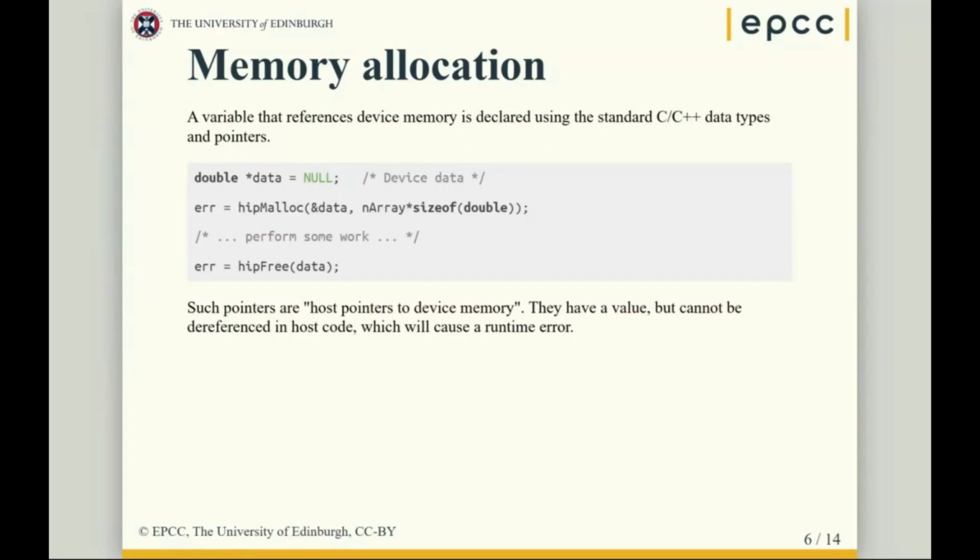So hipMalloc returns an error code, just to say, did I get a valid data location on the device? I then store in the pointer data the location of that piece of memory. That piece of memory sits on the device. It may be 10 gigabytes of GPU storage. I need to know, on the host, because the CPU controls this process, where that data is.